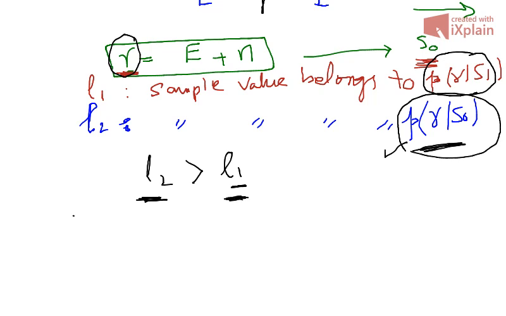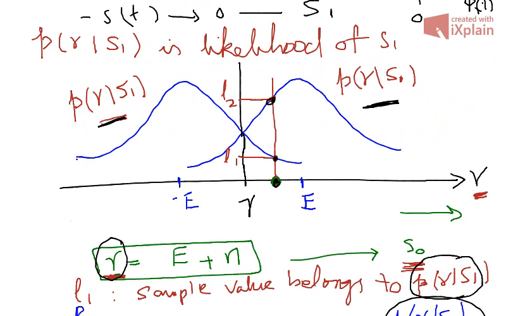So based on the likelihood function which we have just seen in our diagram, we would decide that this point actually belongs to this likelihood function PR given S naught.